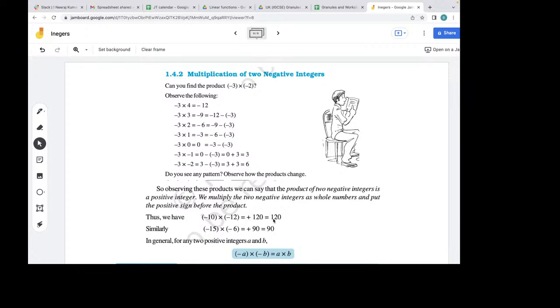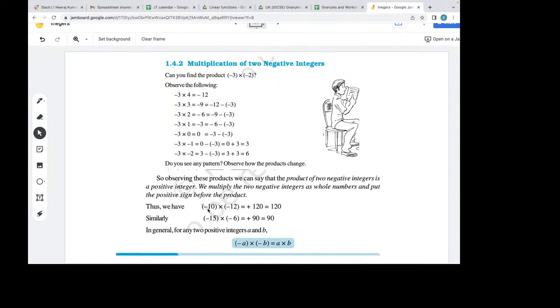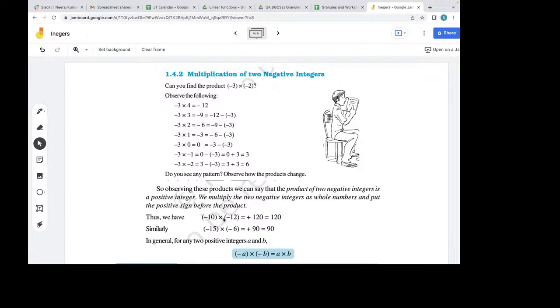Plus 120 is equal to 120. So whenever you multiply two negative integers, you always get a positive integer.